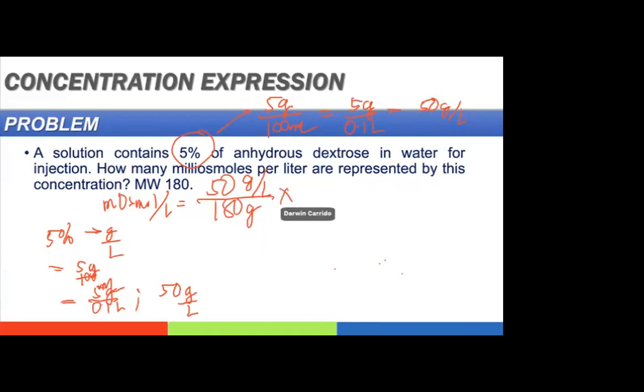Just grams, as stated in the equation. Multiplied by the number of species times 1,000. Question: sir, how do we know the number of species? It depends, class, on whether your solute is an electrolyte or non-electrolyte.